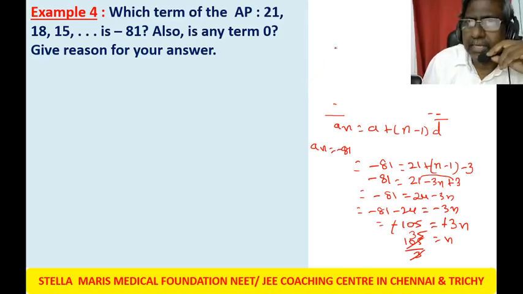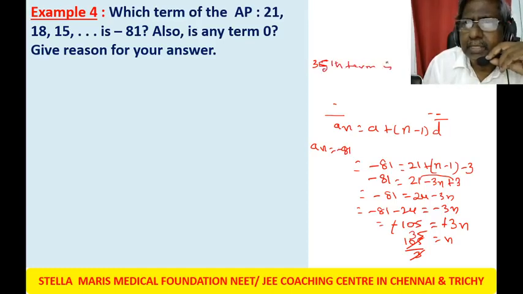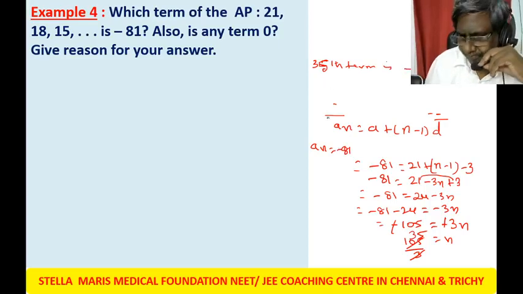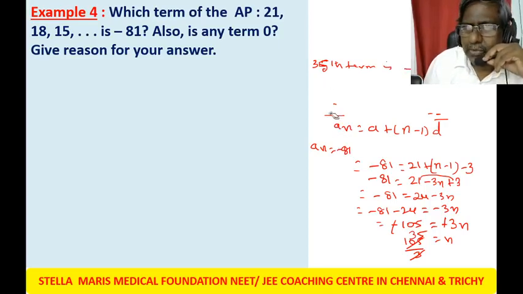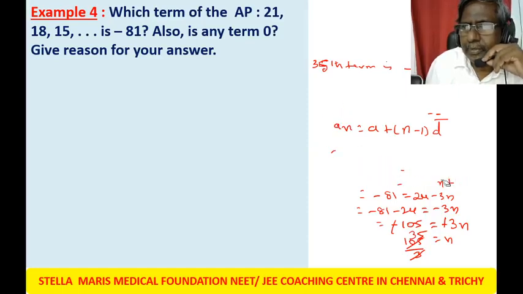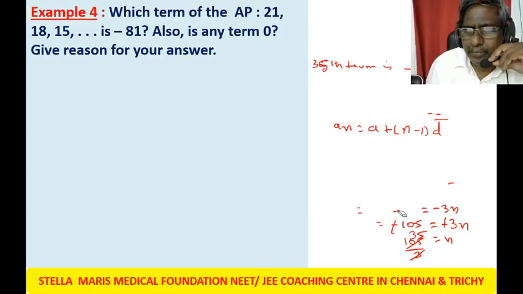That means the 35th term is equal to minus 81. Now what they are asking you is which term will be 0.